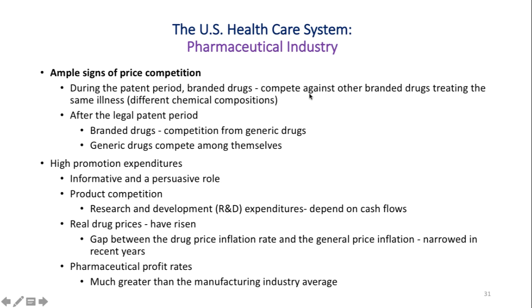Branded drugs compete against other branded drugs, specifically drugs that treat the same illnesses but with different chemical compositions. After the legal patent period expires, brand drugs face competition from generic drugs, and then the generic drugs compete among themselves.